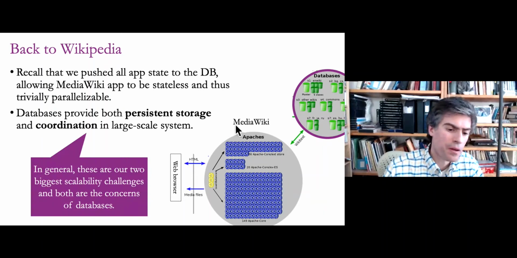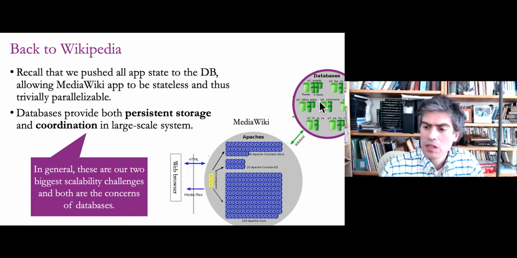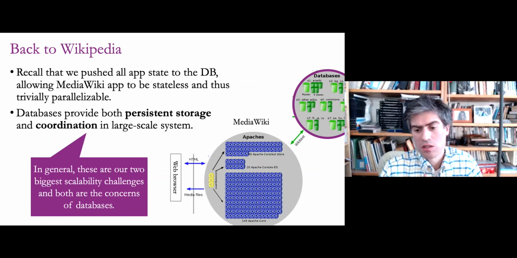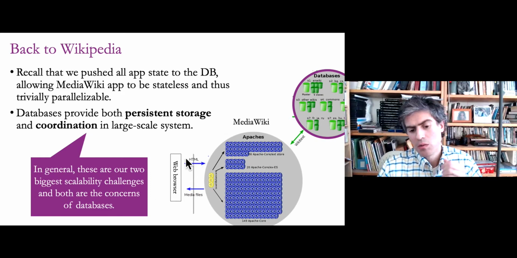All right. So what the databases are handling, like I said, are both persistent storage and coordination, and these will turn out to be the biggest scalability challenges in our system, because load balancing is relatively straightforward. Running clones of a stateless application in parallel and putting them behind a load balancer, that is all pretty straightforward.